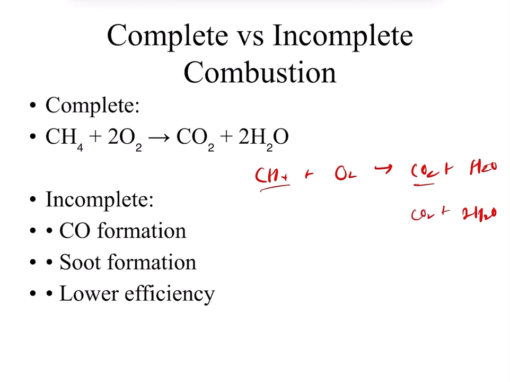Then for the oxygen, on the right side we have 2 oxygen from CO2 and 2 from the water, so on the right side we have 4 oxygen. To make it 4, we need to add 2 O2, because 2 by 2 are 4.